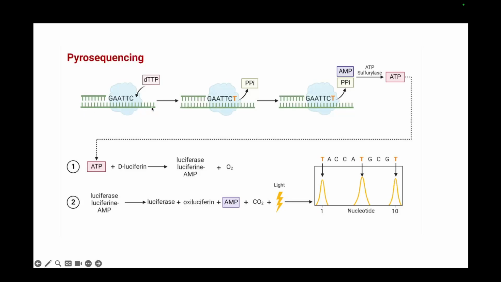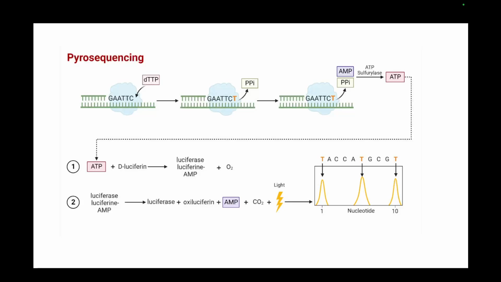Say, for example, this is a strand you're trying to sequence. This is your DNA polymerase, and in your solution you have dTTP. You add the T, which releases a PPi, a pyrophosphate, which is basically a phosphate that binds to AMP.